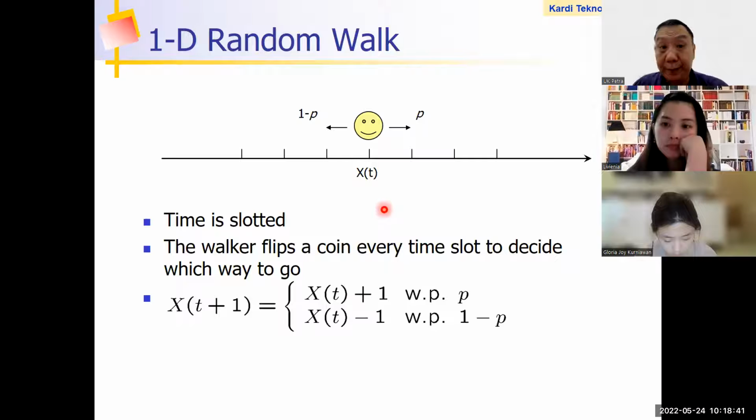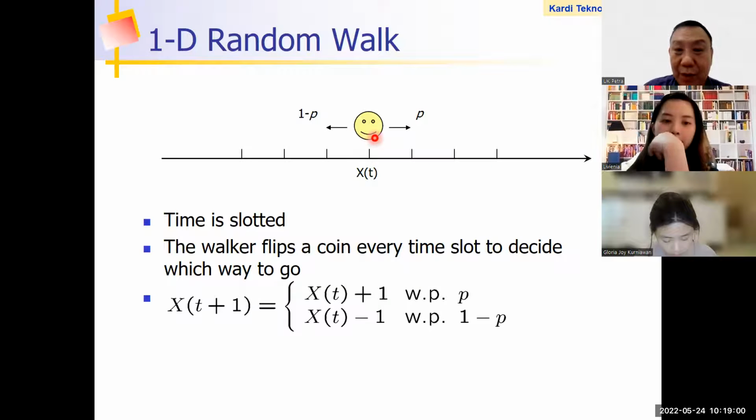Okay, random walk. You know what is random walk, right? So say this is the current state, a drunkard. There is a probability that he goes to the right or goes to the left with certain probability P. At each time step, we go to the left or to the right with certain probability. So you see, we can put it into this equation.